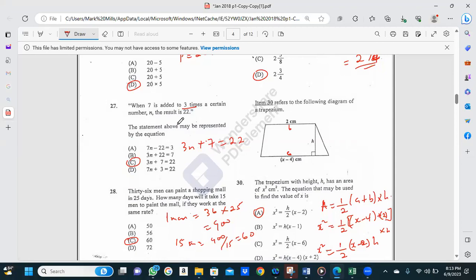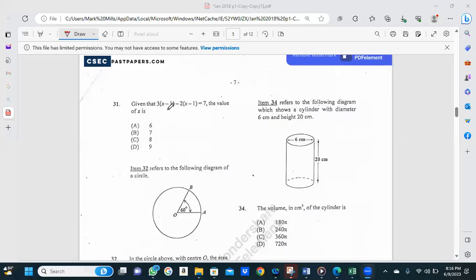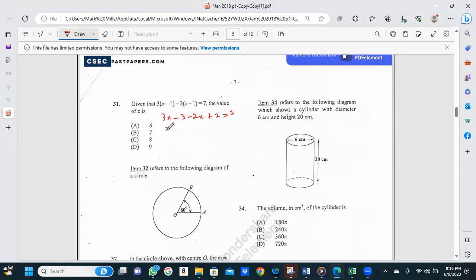All right, so let me just pause something. When we expand it, this gives me 3x minus 3 minus 2x plus 2 is equal to 7. We group the like terms: 3x minus 2x minus 3 plus 2 is equal to 7.